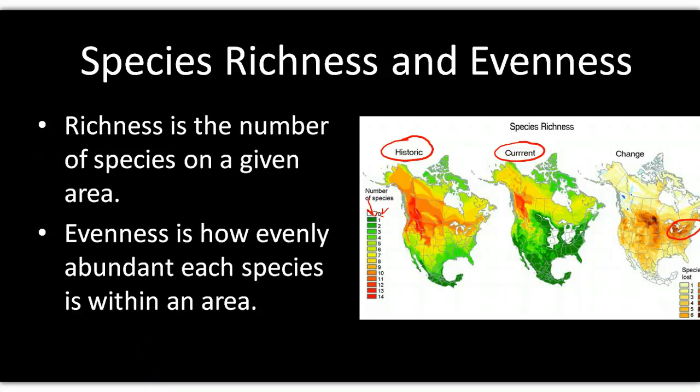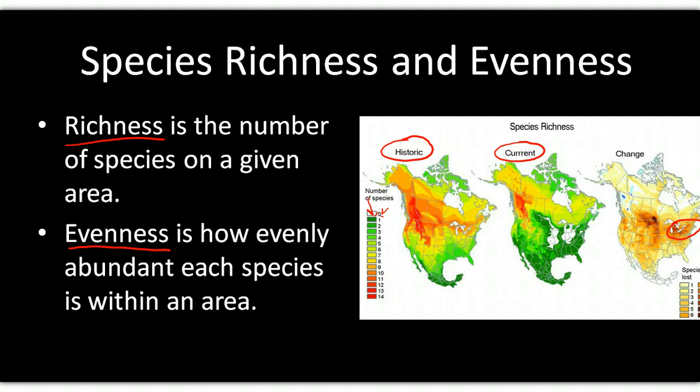Going back to richness, what richness implies is it's just the number. If you look at a forest, how many types of trees are in the forest? If there's 2 different types of trees, well, that's not very rich. If there's 50 different types of trees, that's quite a bit, and that shows it's a very rich species forest. But it may be very poor in its evenness.